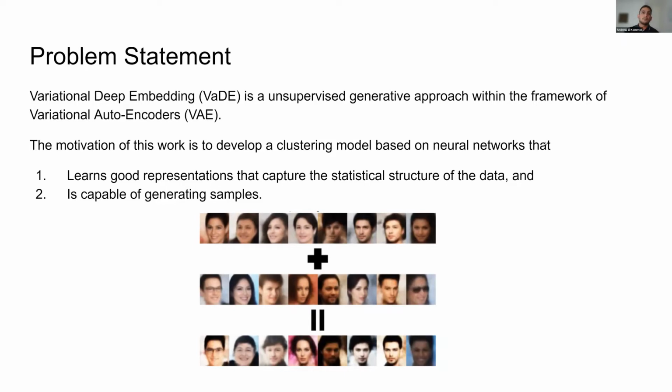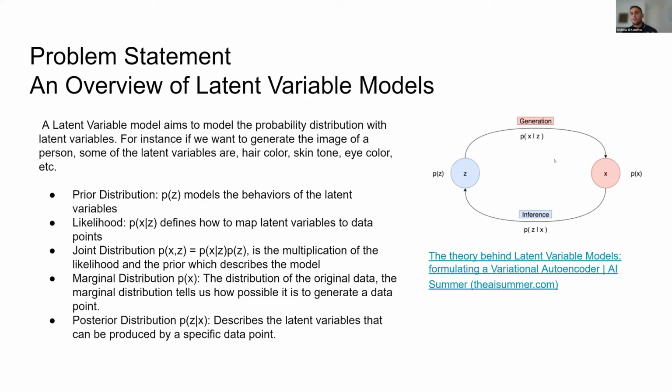And so we have to talk about what a latent variable model is. What we would like to do is be able to generate a data point, which would be the marginal distribution of X, and then use a prior distribution over the latent variables, let's say those features that we described in the intro, and be able to map how those latent variables will actually drive the generation of those data points.